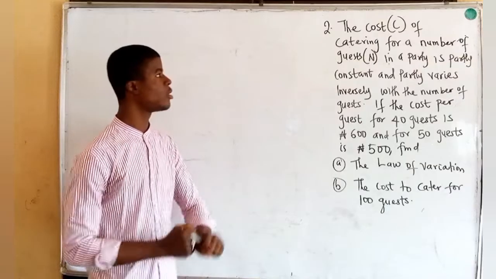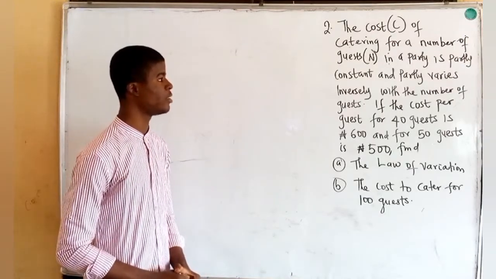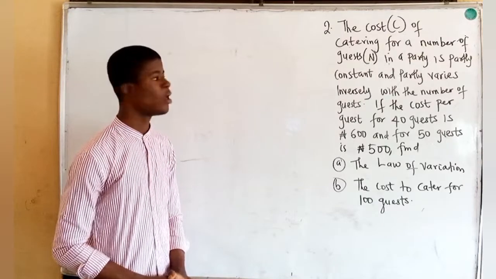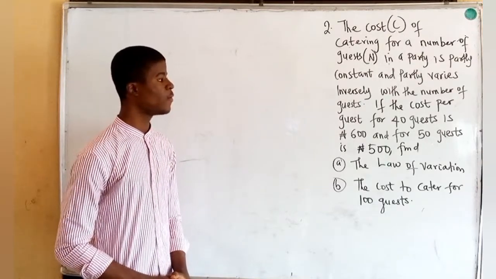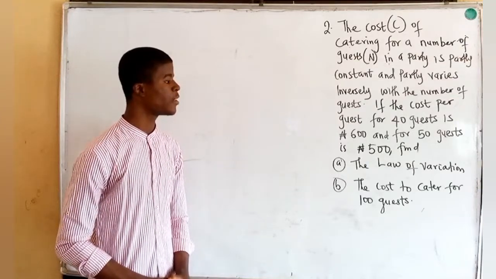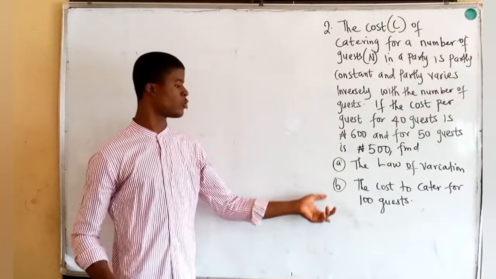Question 2 says the cost of catering for a number of guests in a party is partly constant and partly varies inversely with the number of guests. If the cost per guest for 40 guests is 600 naira and for 50 guests is 500 naira, find these two questions.